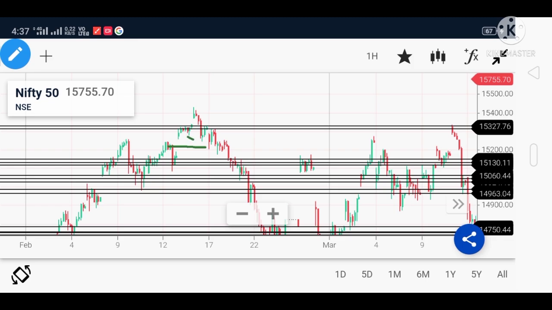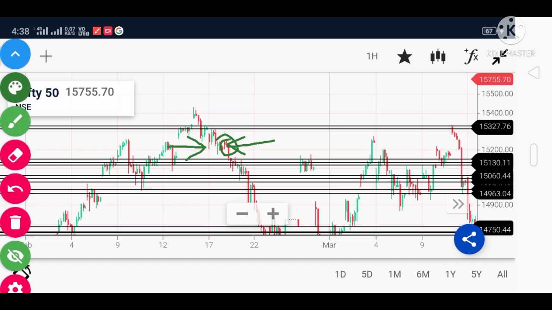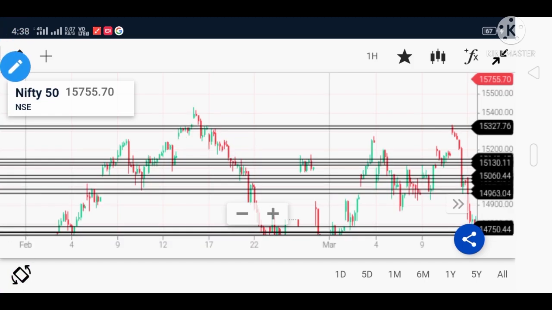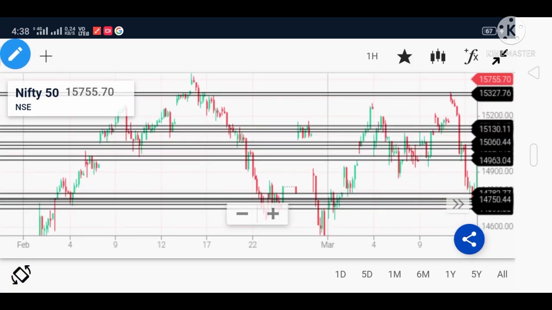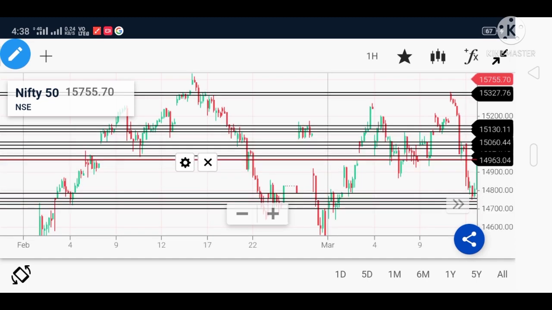Here it is. Can you see? At this point we have a wick here, and just close to that there's another wick also. We can see one more red wick here, right? See here. Were you able to see, guys?